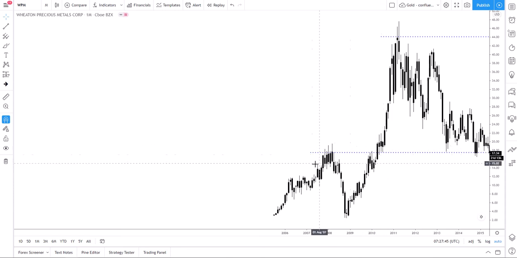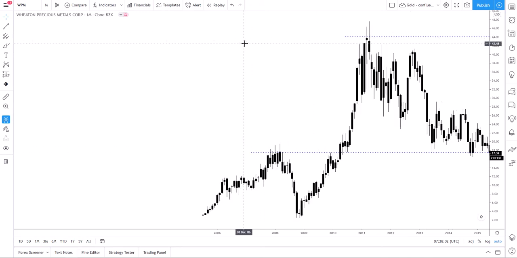In my mind, once that has occurred, this is a fine example of resistance becoming support. And now we're off to the races, up to higher levels.